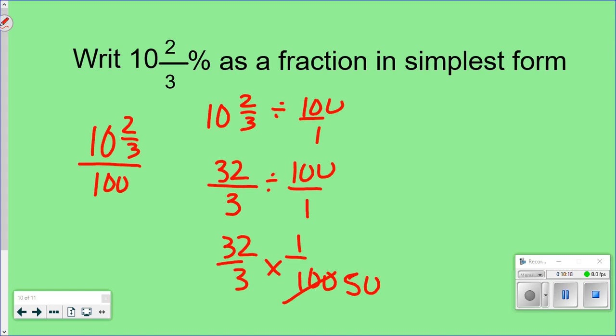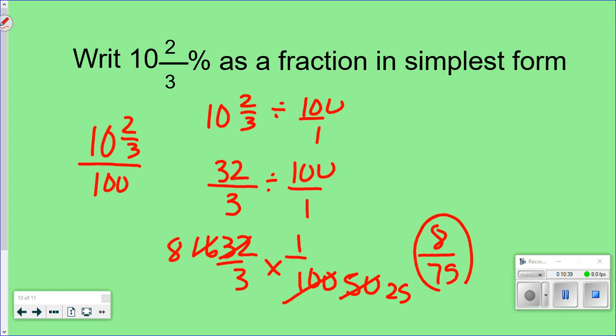I think so. Yep. Okay, I can still take something out of here. I can still take another 2 out. So let's see, that'd be 25. This would be 8. There, I think I can stop. Now I can multiply across, and I get 8 over 75. And that would be my answer.